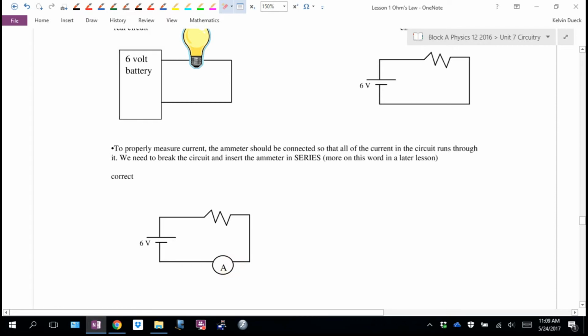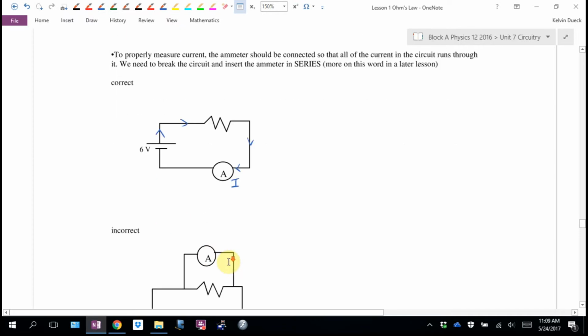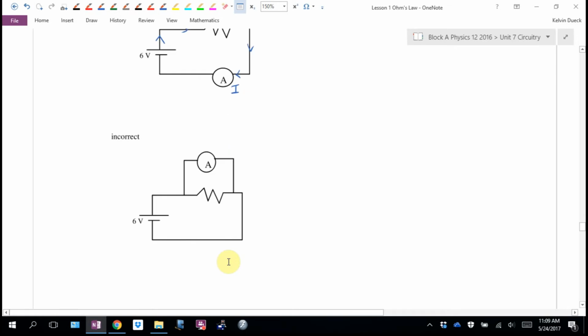We'll be talking more about series and parallel later on in the unit, so that all of the current goes this way, this way, this way. You'll notice all of the current has to pass through it. If you set it up like this, it would be incorrect because you could have current going through here and you have no way of measuring it, because only a few skiers would go this way.